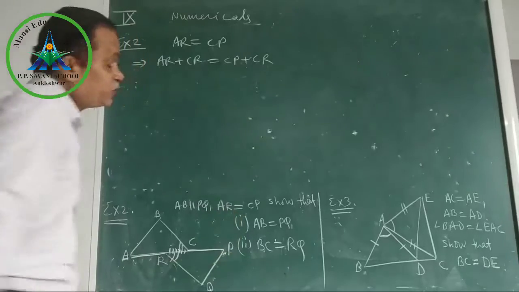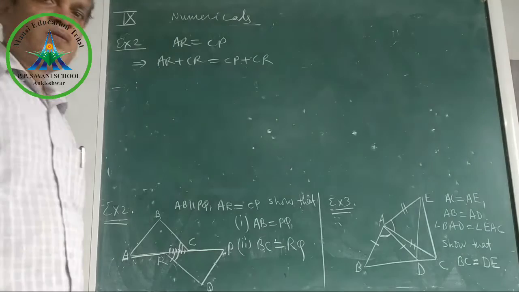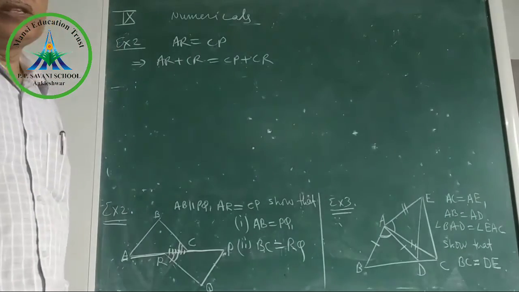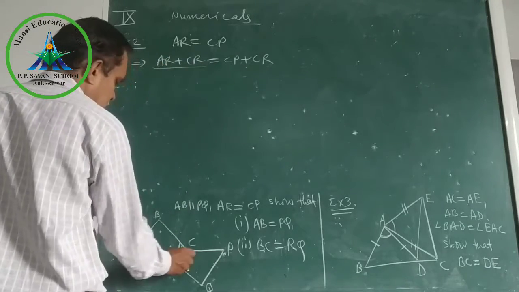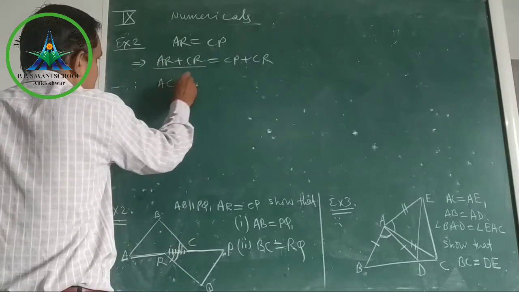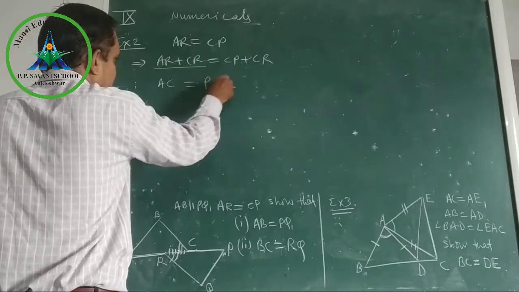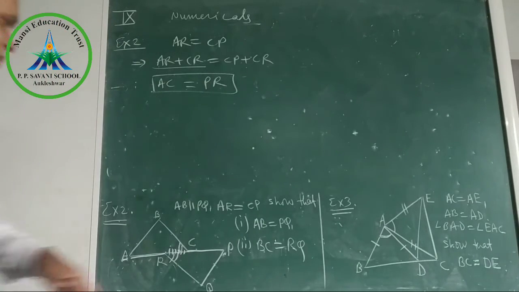Yes, an axiom is applicable: if equals are added to equals, the wholes are equal. Therefore, AR plus CR is AC equal to CP plus CR, PR. Got it?